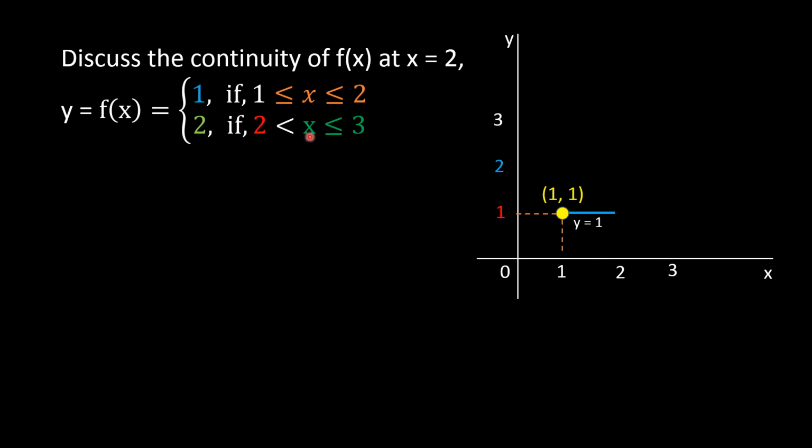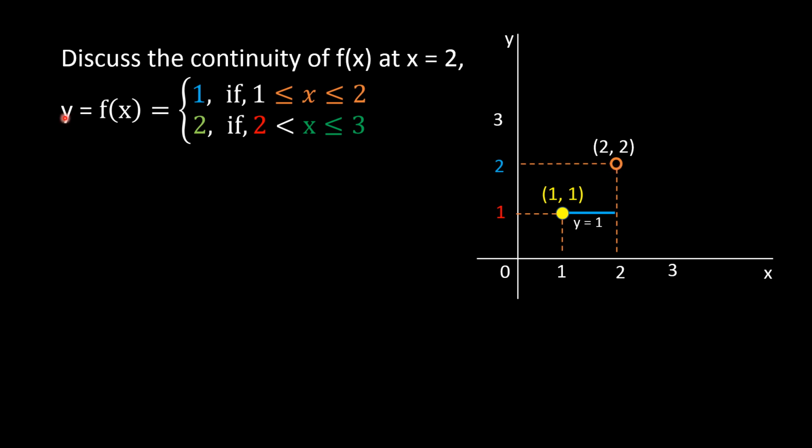Now, when x is greater than 2, y equals 2, and since x is not equal to 2, the point 2, 2 will not lie on the graph of the function, hence it has been shown by a hollow point.